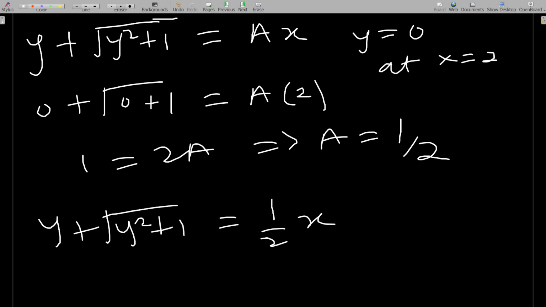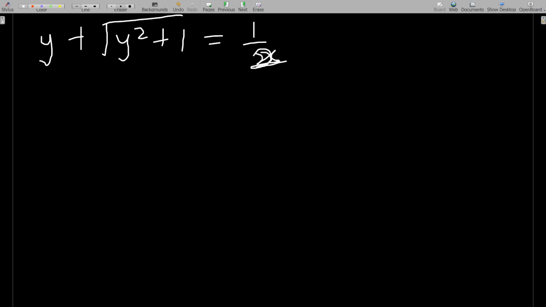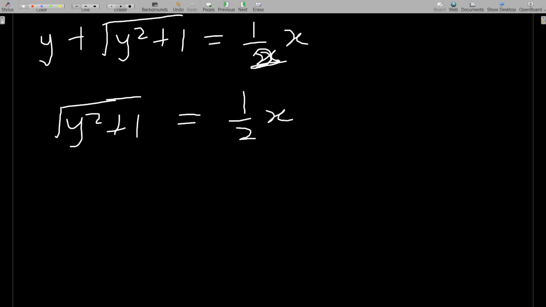This is a solution. But I want to make y the subject because they said we should find a solution y. So we have y plus the square root of y squared plus 1 equals what was it? Half x, 1 over 2 x. Now if I make the square root the subject here, then I'll have half x minus y.